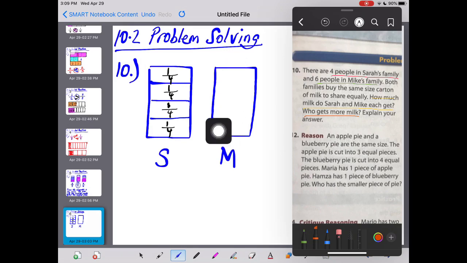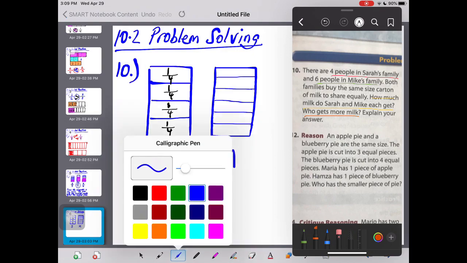They have to share this milk carton equally amongst 6 people. So we want to divide that up into 6ths. So I'll divide that in half. And then each side will get 3. So I'll go 1, 2. There's 1, 2, 3 pieces. 1, 2, and 3 more. 1, 2, 3, 4, 5, 6. Each one represents a 6th.